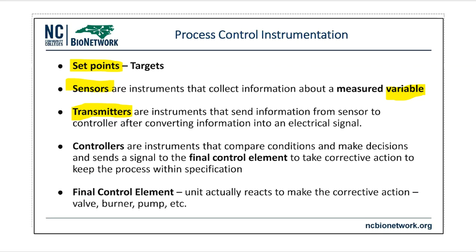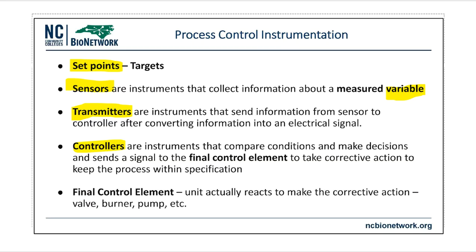Now, very often, these sensors and these transmitters are going to be built together, but we still like to talk about them separately. We still like to term them separately, but that is taking the information and relaying it to some form or fashion within the whole networking aspect of a manufacturing facility.